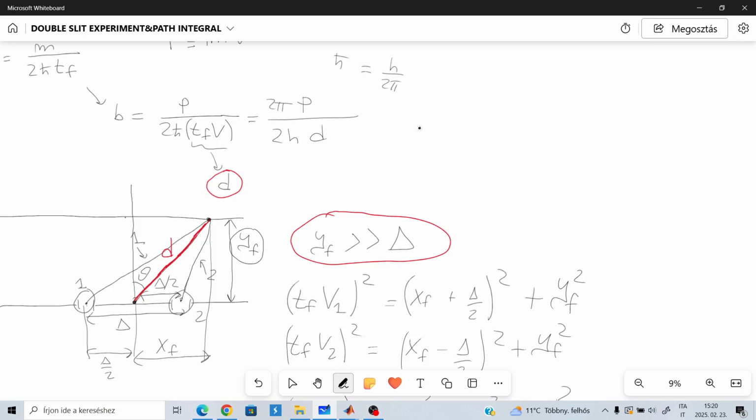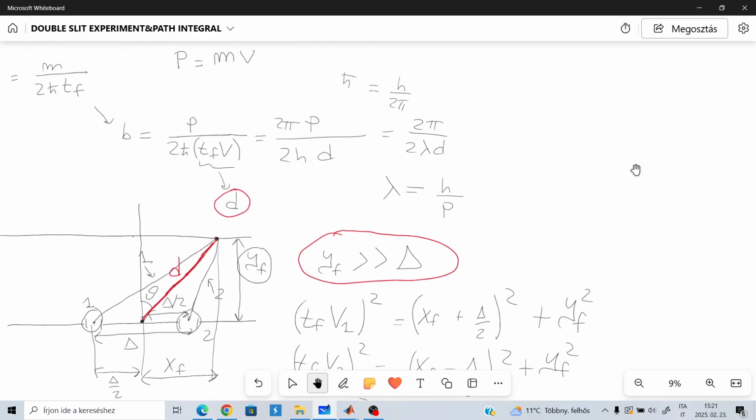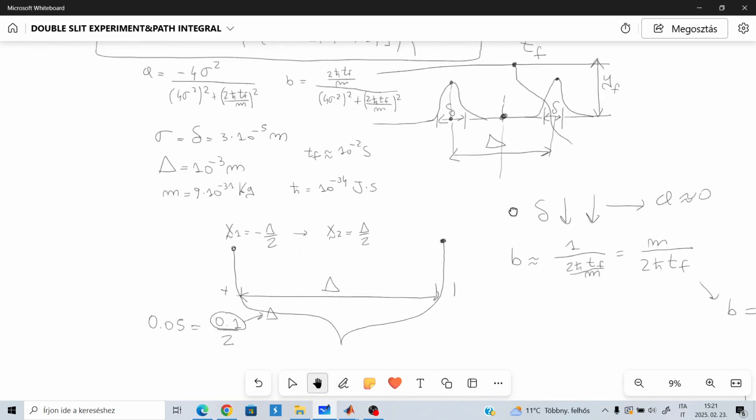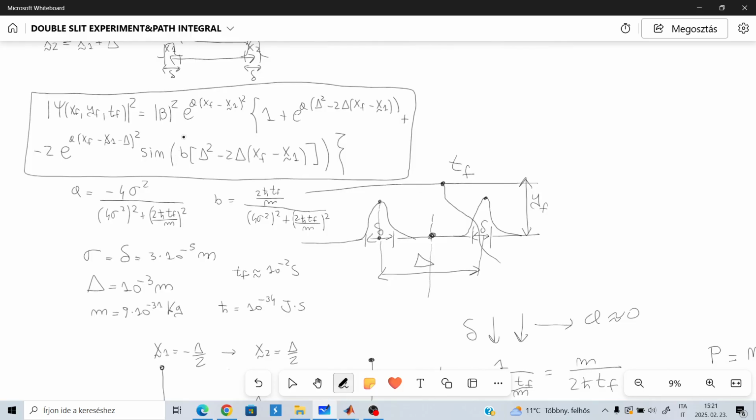And if I introduce the wavelength lambda, the wavelength lambda can be written as h divided by p. And therefore, here we have p divided by h, so it means that this can be written as 2 pi divided by 2 lambda times d, like this. And remember that this b appears inside this sinusoidal term.